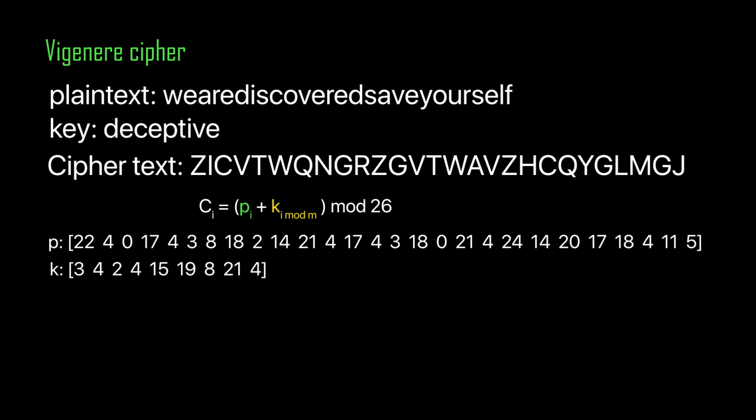During the encryption process, we're essentially moving right in the alphabet based on the number that is assigned to the key letter that was paired to the plaintext, modulo 26.